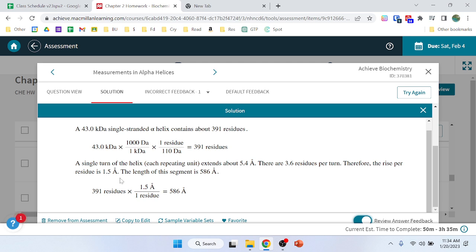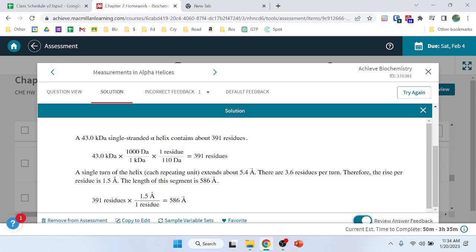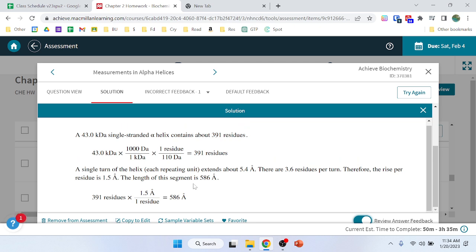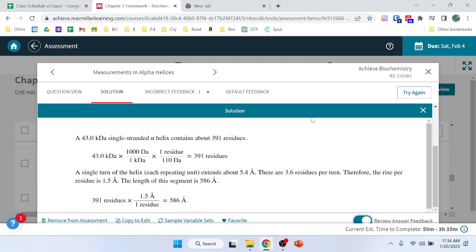You could just use both numbers together, but simplify. Okay, so we have a segment length of 391 residues times our 1.5 angstrom per residue, right? And then that would give us our 586 angstroms, which would be the answer to this one.